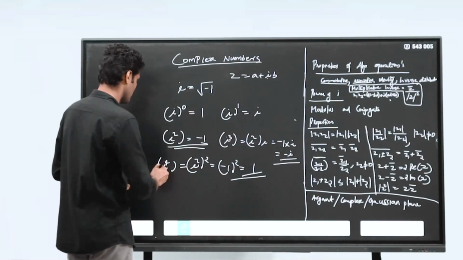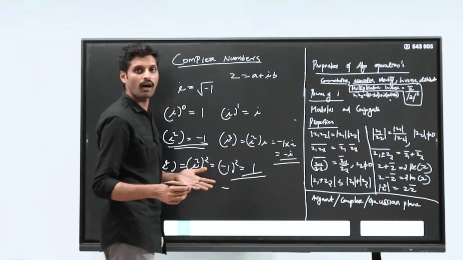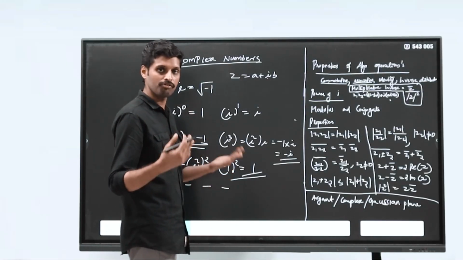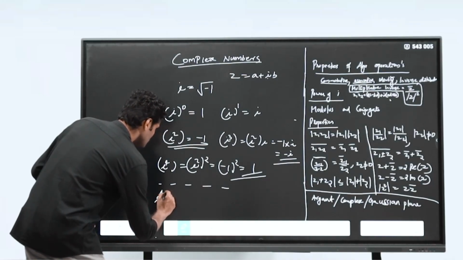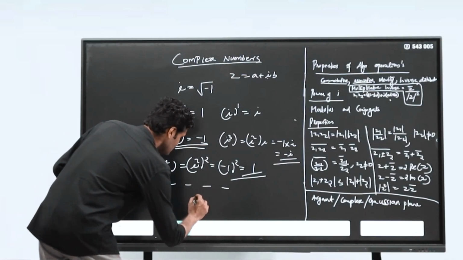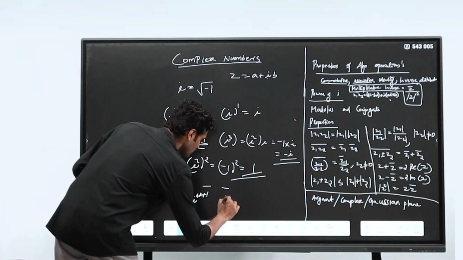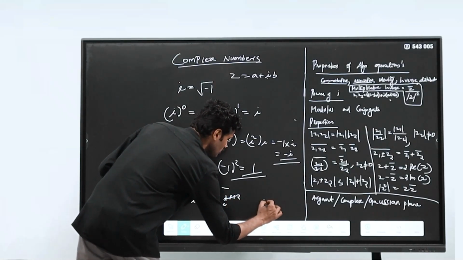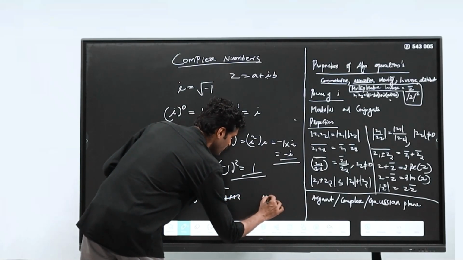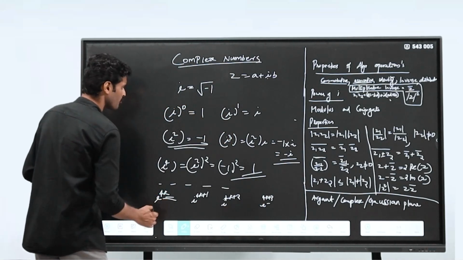Any power of I beyond 4, we can write as I raised to 4k, I raised to 4k plus 1, I raised to 4k plus 2, and I raised to 4k plus 3.